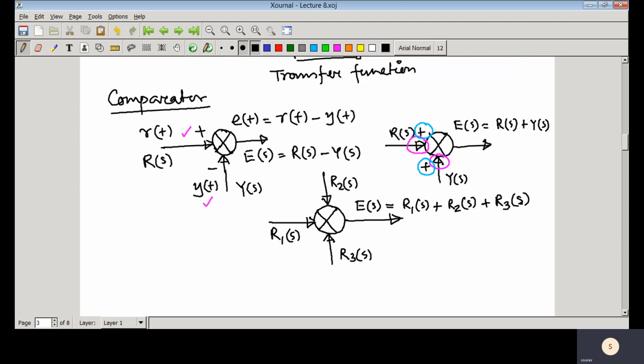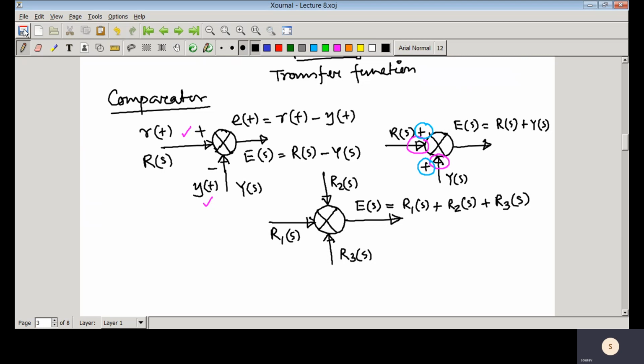These all are the algebraic operations, and this operator, I hope you understand how to realize it. You can use any op-amp circuit just like an adder or subtractor. So practically you can realize this comparator using some op-amp circuits, and these are the different structures of the comparators.